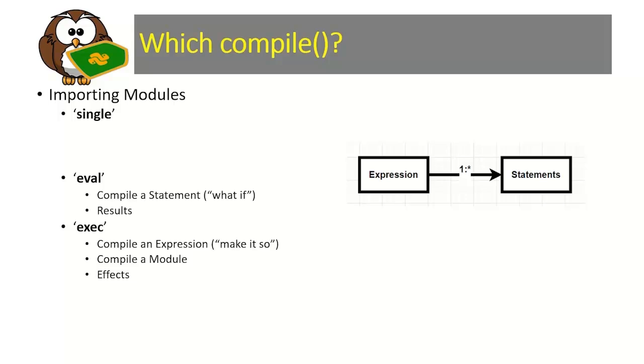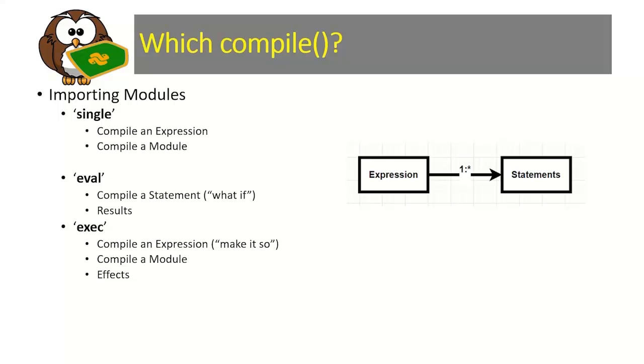So when you're selecting which compile mode, there are rare edge cases where we want to have different environments associated with our code, and that's when we can see how we would want to either eval, so as to compile a statement, or check what-if against an immutable environment, or to exec, so as to compile an expression to make it so and apply it to a module so that we can see their effects rather than simply have them returned to us.